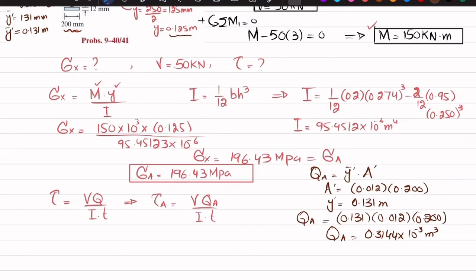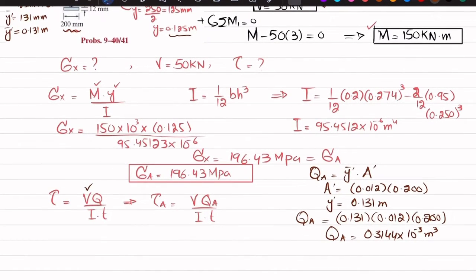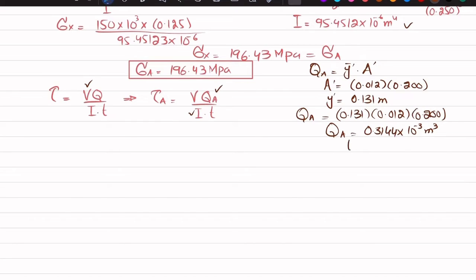Okay, now we have V given as 50 kilonewton, which we have calculated at point A. We have QA, I is also known, and thickness. So this is the thickness. You can see this point A, and this thickness is 10 millimeter, which is 0.010 meter. So you have all the values, put the values. V is equal to 50 kilonewton, so 50 into 10 raised to power 3.